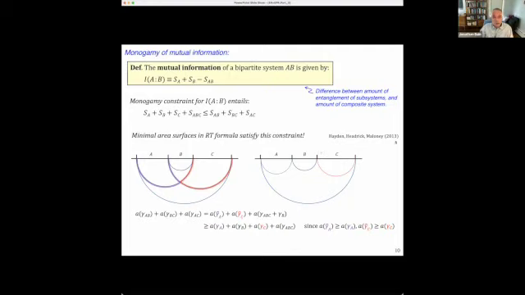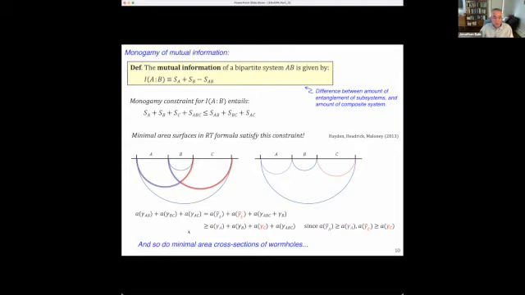So Hayden and colleagues claim this particular monogamy constraint for entanglement entropy is imitated by minimal area surfaces in the RT formula. In retrospect, it seems to be a short step to a similar claim about minimal area cross sections of wormholes.